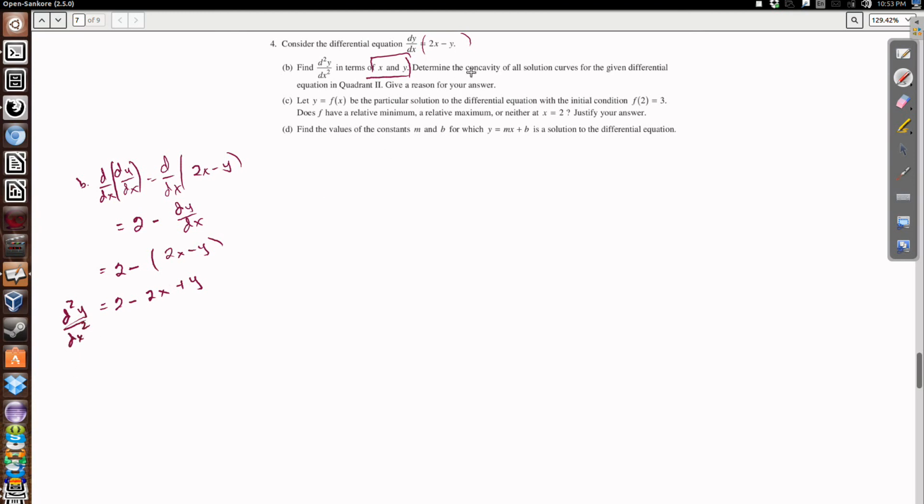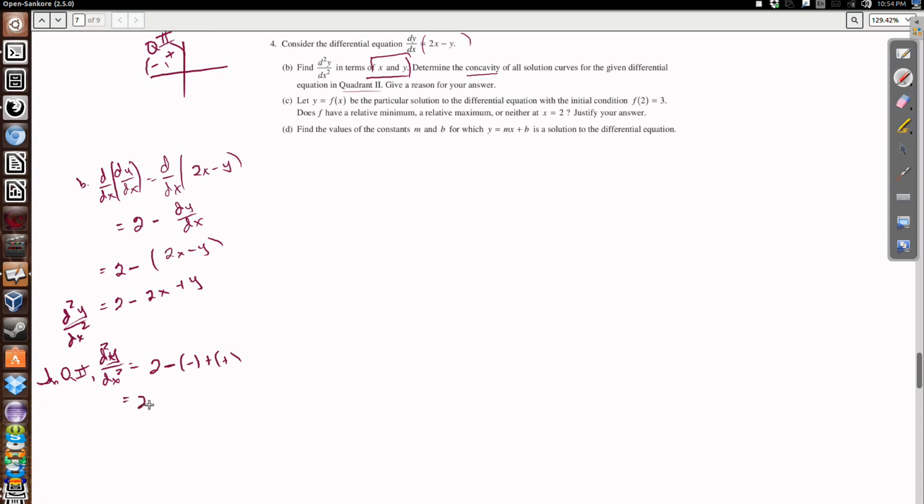And then they say to determine the concavity of all solutions for the given differential equation in quadrant 2. Well, when I'm looking at quadrant 2, I know that all the points here have a negative for x and a positive for y. So in quadrant 2, what happens is d squared y over dx squared ends up being 2 minus a negative number plus a positive number.